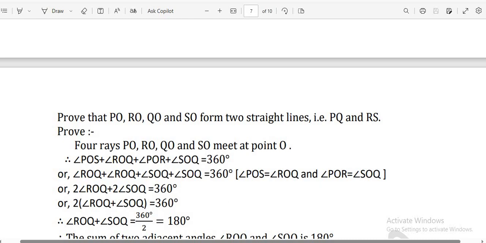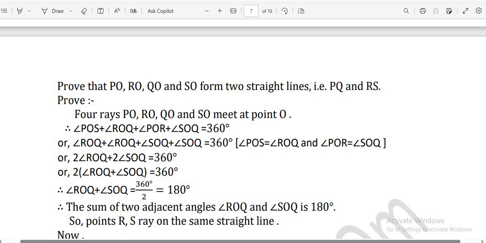Taking the common 2, we get 2 times the bracket angle ROQ plus angle SOQ is equal to 360 degrees. Angle ROQ plus angle SOQ is equal to 360 degrees divided by 2, so 180 degrees. Therefore angle ROQ plus angle SOQ is equal to 180 degrees.